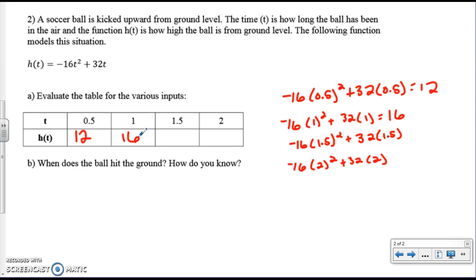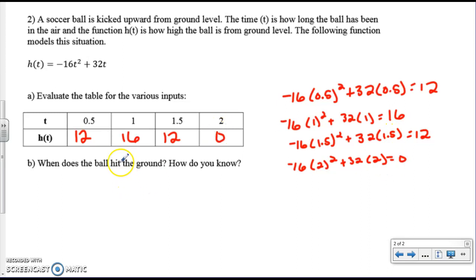For the third one, we should get 12 again. Interesting pattern there. And for the last one, actually get 0.